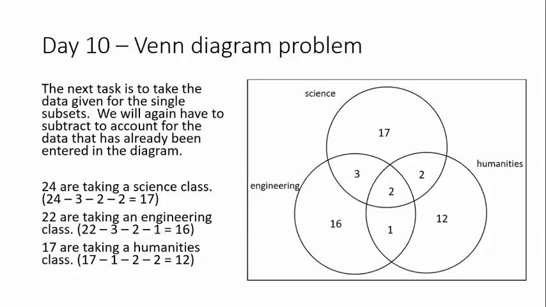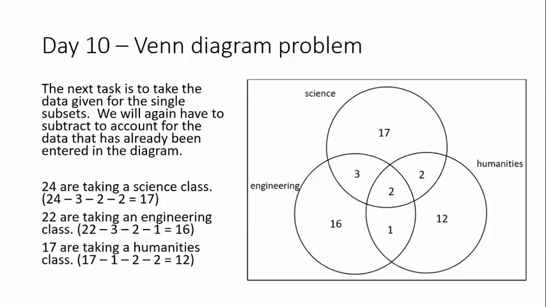We do the same thing with the 17 students taking humanities class. The humanities ring incorporates the 2, 2, and 1 that are already here in these intersections, and so we have to subtract those so that we end up with 12.